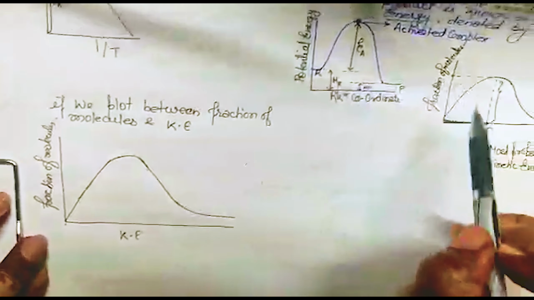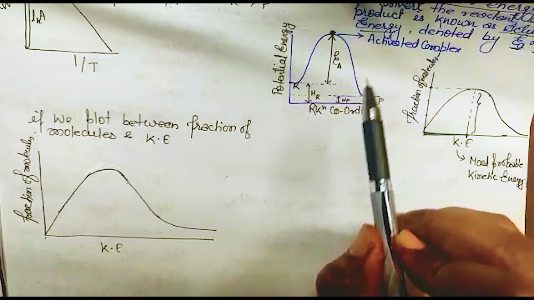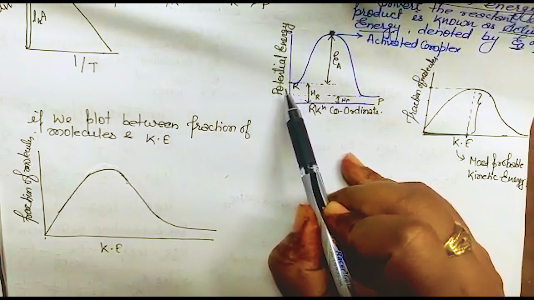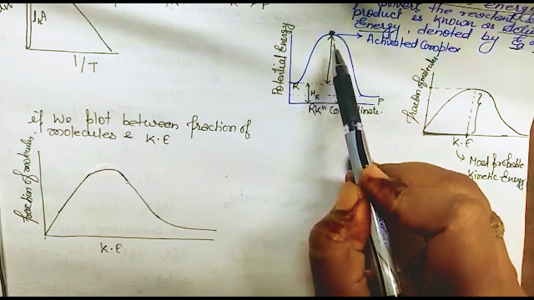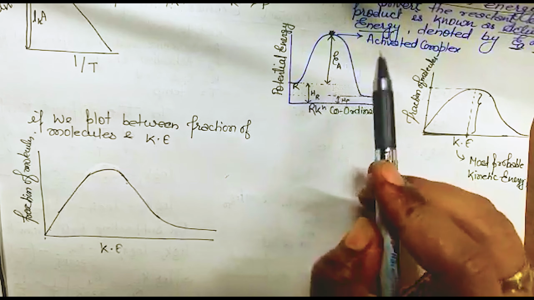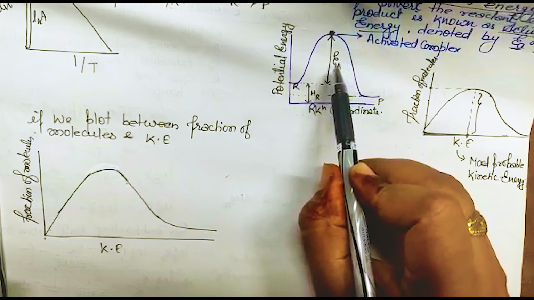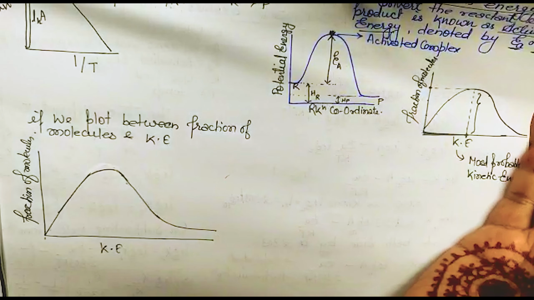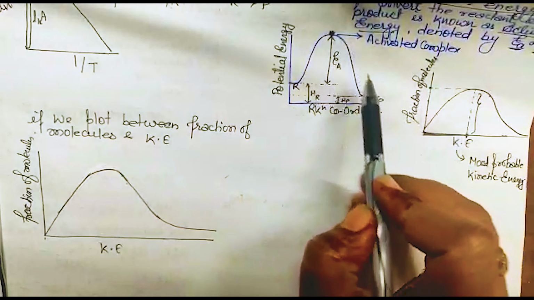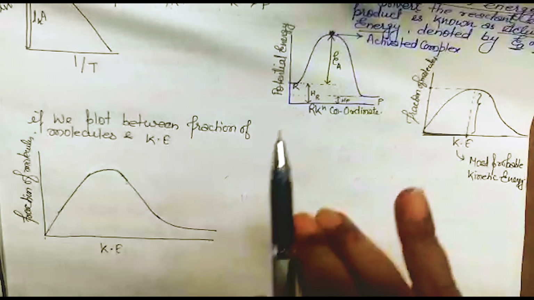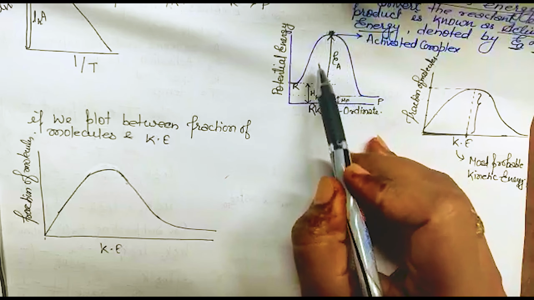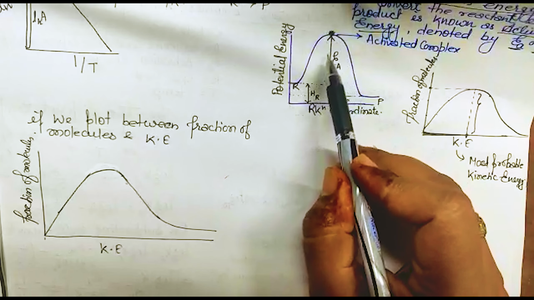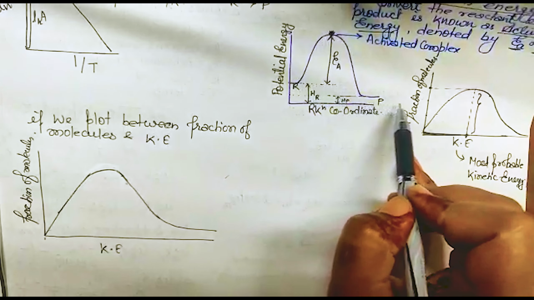As I told you about the activation energy, the reactant which has energy equal to the activation energy or more than activation energy will only convert into the product. Got it? If it won't get this activation energy, it won't convert into the product.